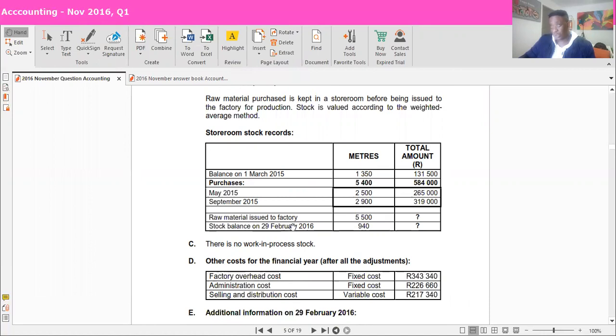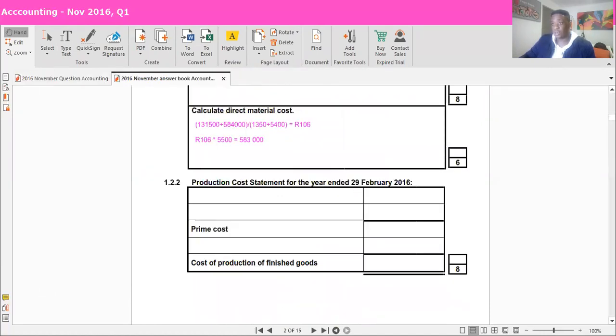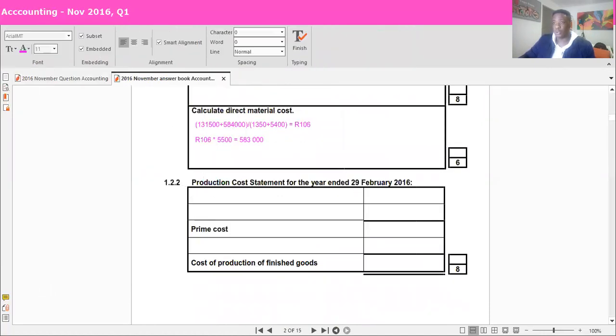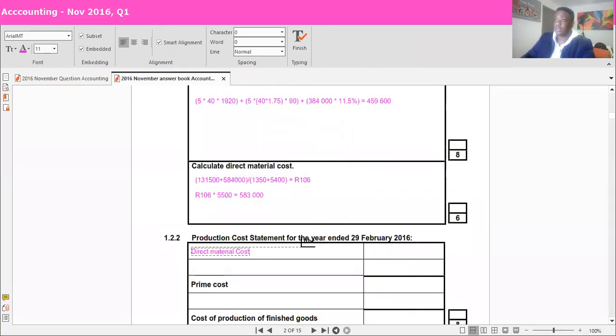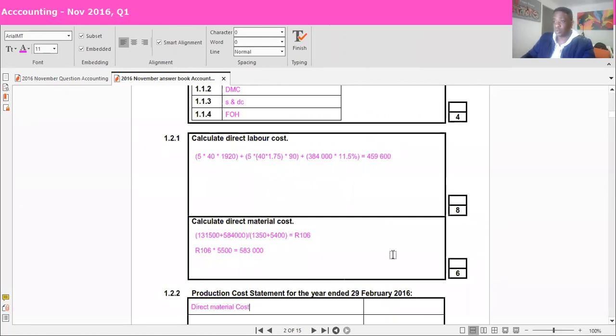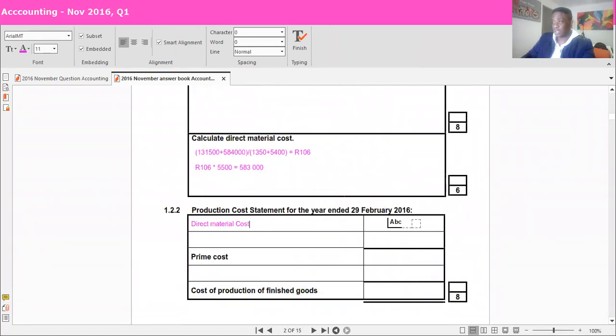So what we then need to do is take our production cost statement, which starts with the direct material cost. The direct material cost, as we just calculated here, is 583,000.